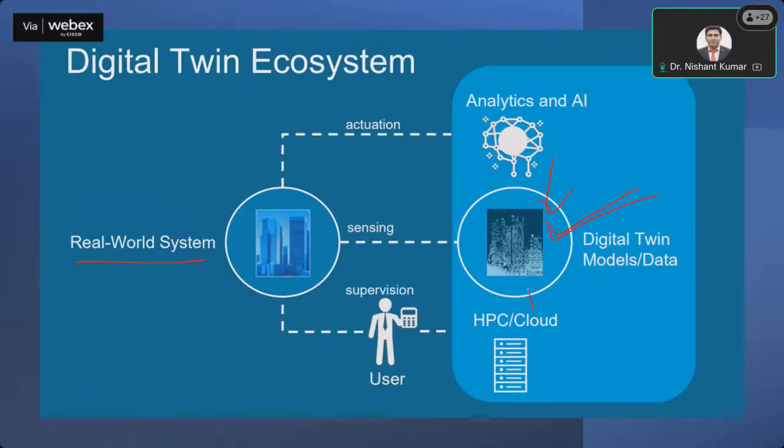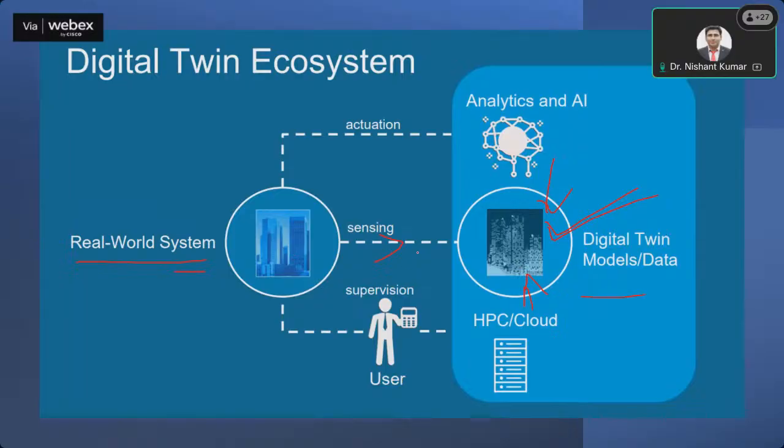Also some data storage is required here, because the real world system and the digital system are linked with each other through sensors. Sensors give the information of the real world system or physical system to the digital one.